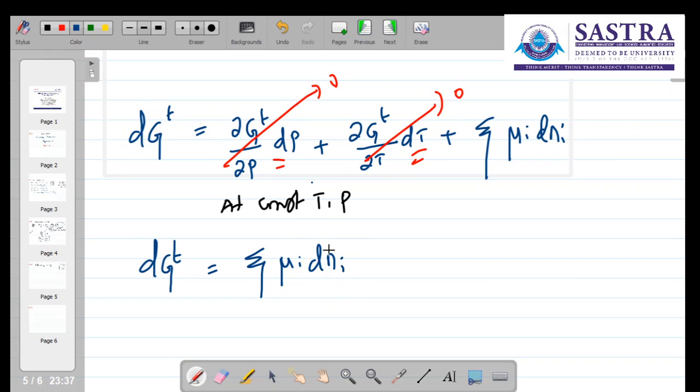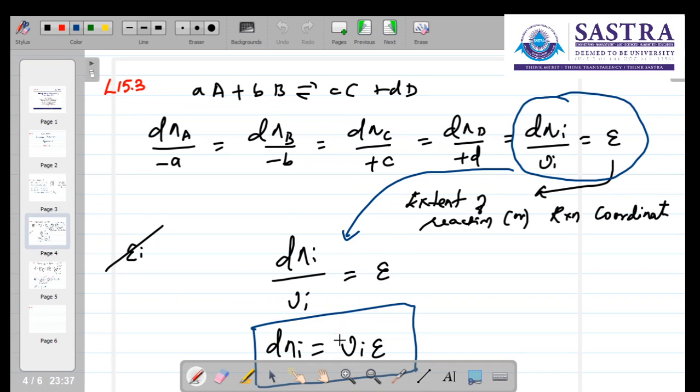Now this dn i can be replaced in terms of the mole balance that we know.